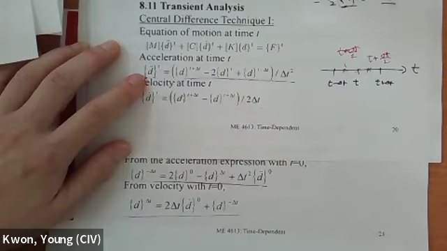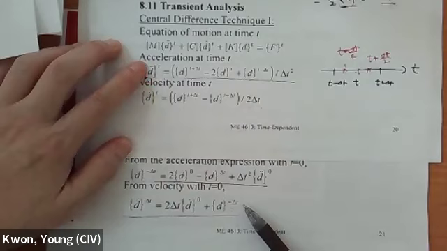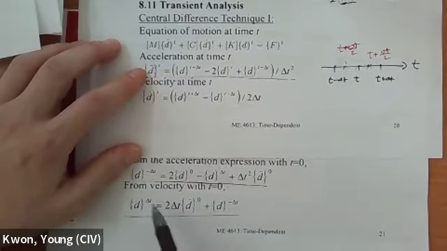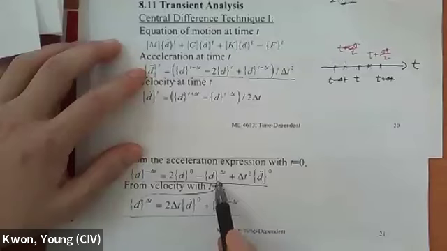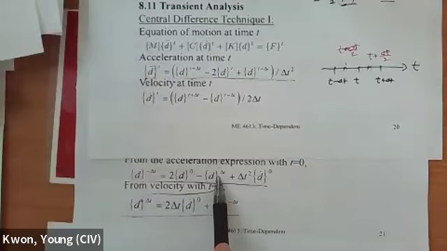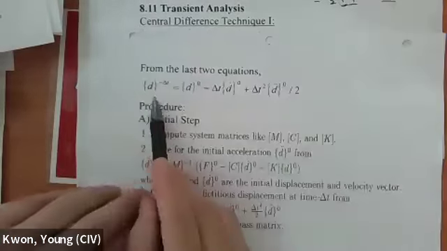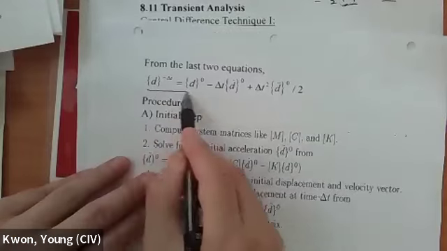Okay. So in other words, this is exactly the same expression when t equals 0 from here and here individually. And then I substitute this one into here. Okay. Then what do you get? You get this expression.